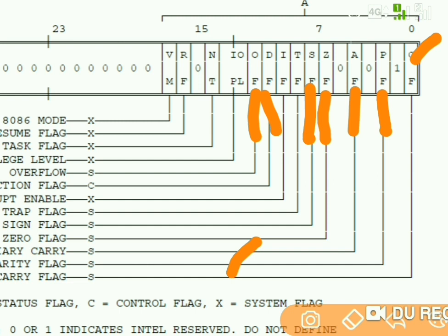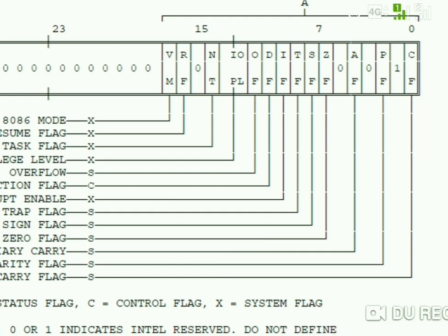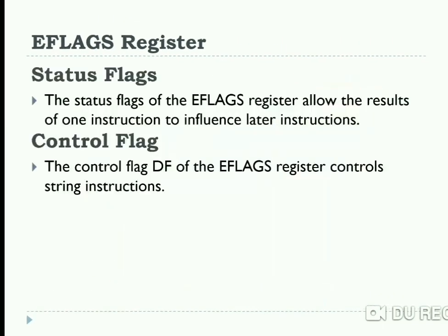It is used by some string instructions. The system flags are the flags used by the system programmers. The system flags of the EFLAGS register control the IO, maskable interrupts, debugging, task switching, and enabling of virtual 8086 execution in protected multitasking environments.